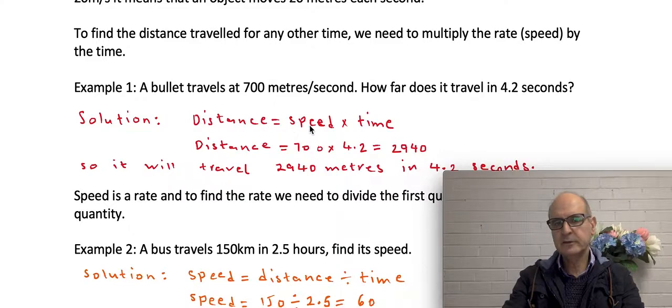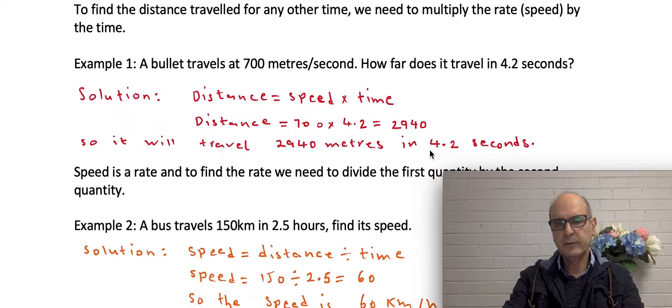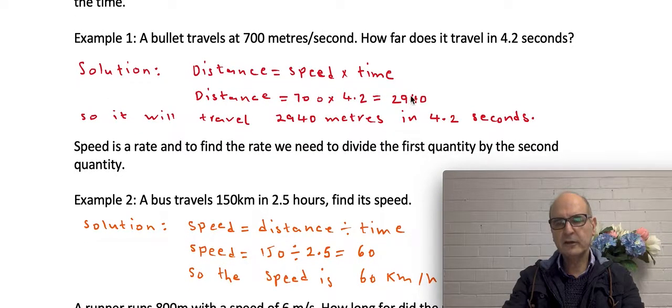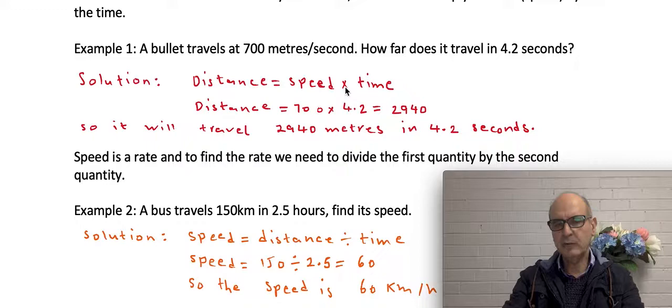So distance equals speed times time. Speed is 700 meters per second, and the time is 4.2. Then 700 times 4.2 gives me 2,940. So 2,940 meters. Why meters? Because the speed was in meters per second.